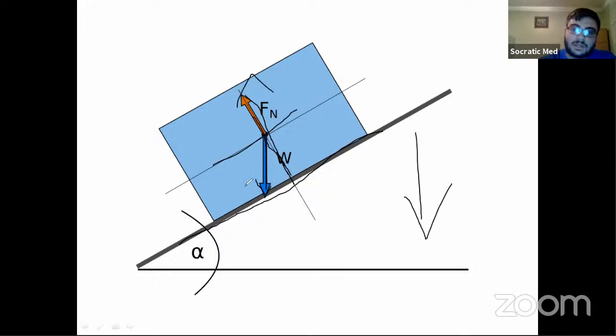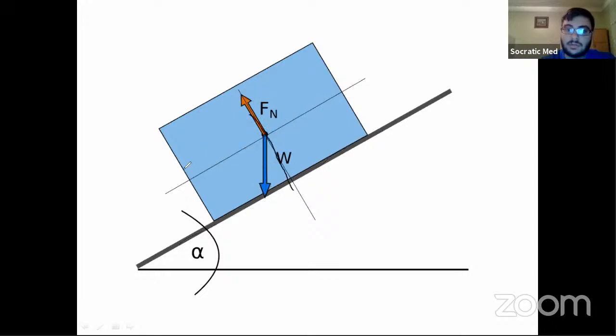As Janelle mentioned in the chat, normal force is always perpendicular to the surface, whereas gravity is always pointing directly downwards. But downwards is not always the direction we set our axes. So in this case, we set our axes along the slope, not along gravity.